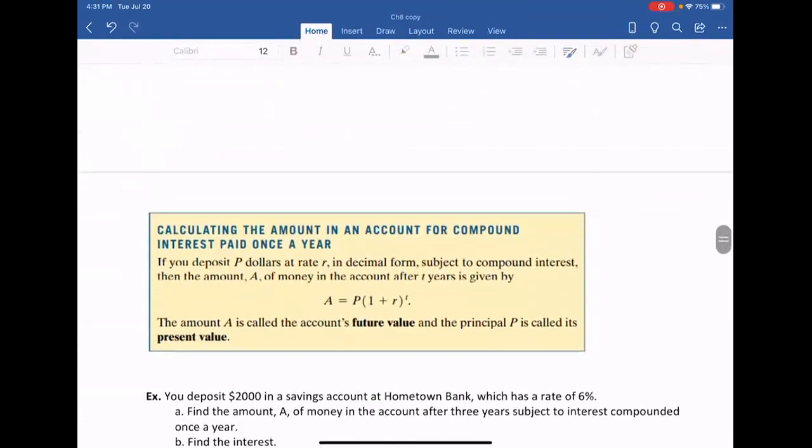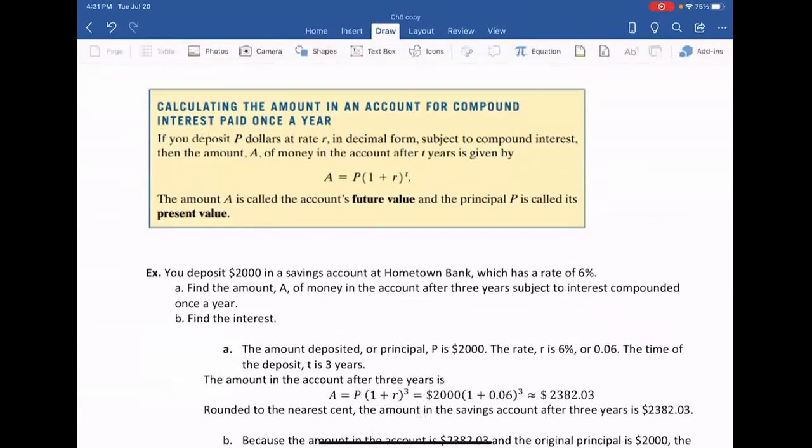This part provides you the formula. Calculating the amount in an account for compound interest paid once a year. If you deposit $P at a rate R in decimal form, subject to compound interest, then the amount A of the money in the account after T years is given by this.